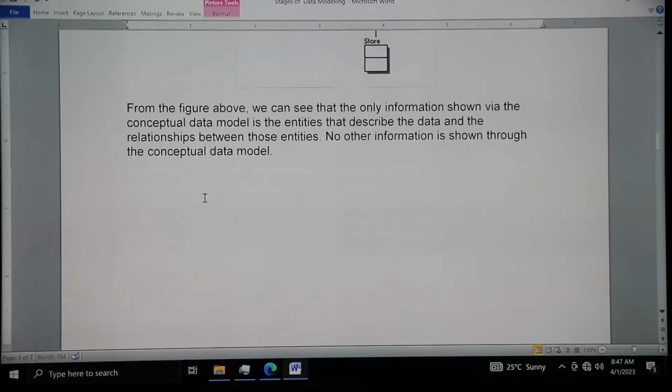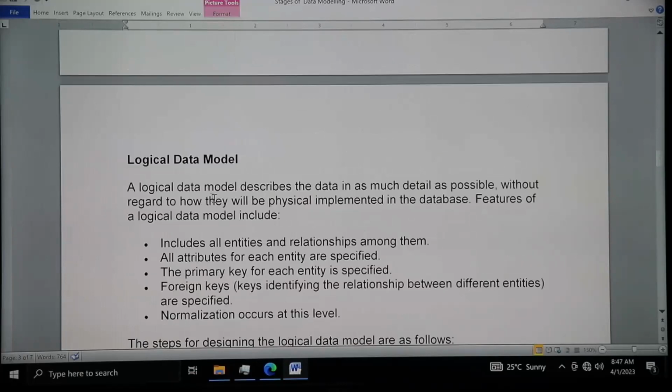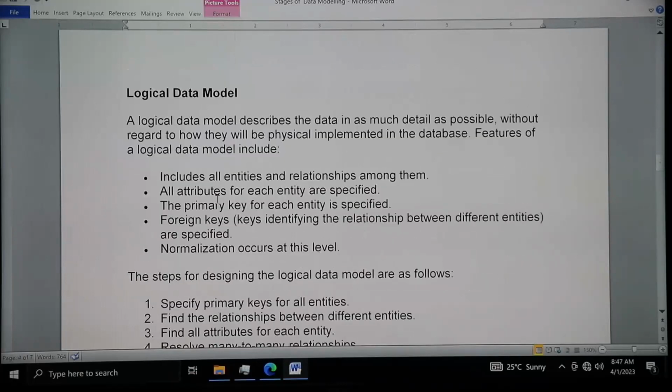Then after the development of this, the next database model is logical, which is the next stage of data model, where we said that a logical model describes data in a more detailed manner. So we normally say that a logical database model expands the conceptual database model by adding more details to it.